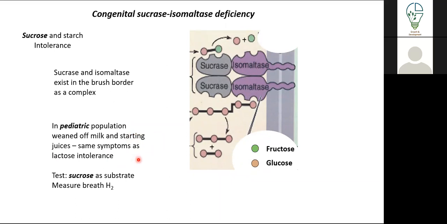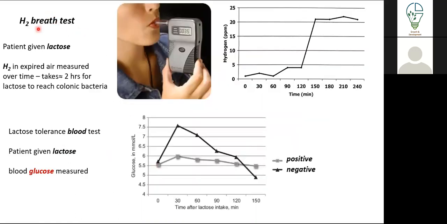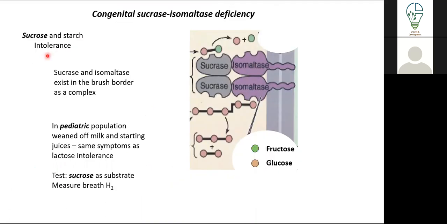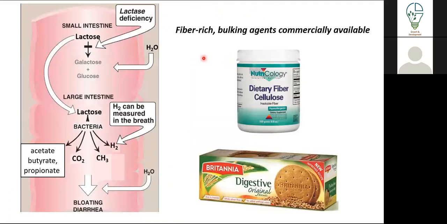It's just osmotic diarrhea. And how you test it, you do the same exact test, but you give sucrose rather than giving lactose. And here he's just saying, oh, this same concept, we use it to treat constipation through dietary fibers, cellulose, or digestive biscuits. And that's it for carbohydrates.